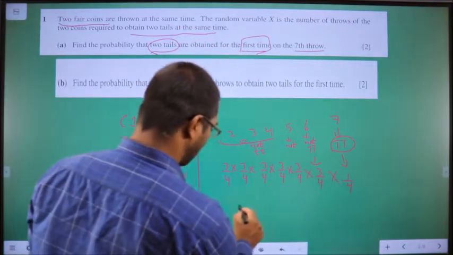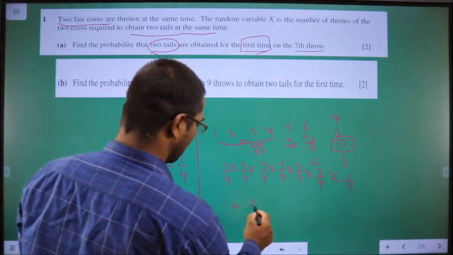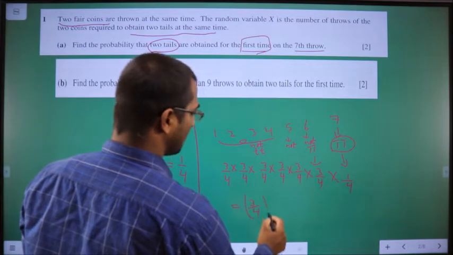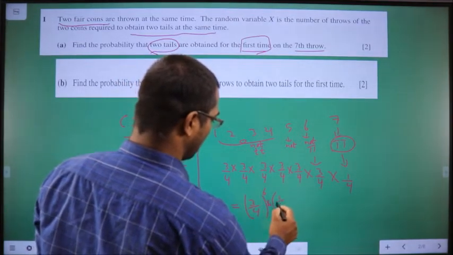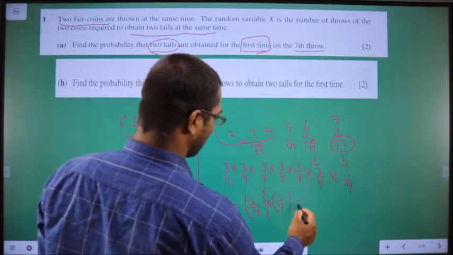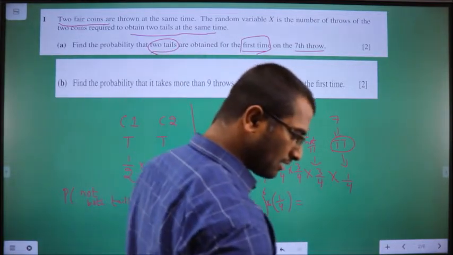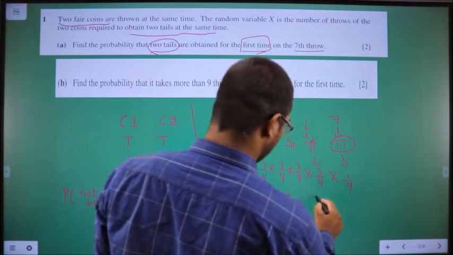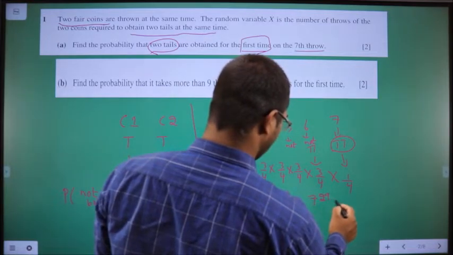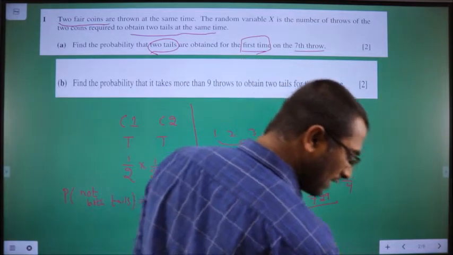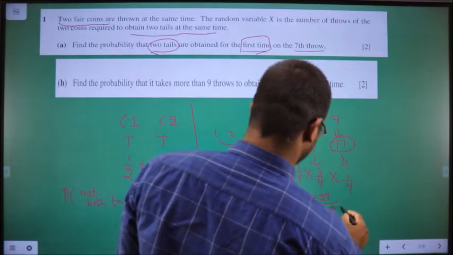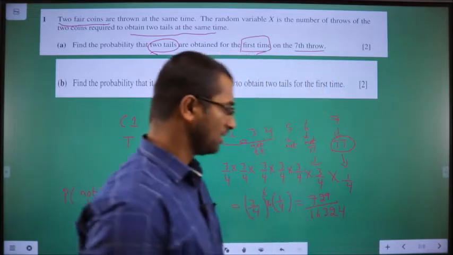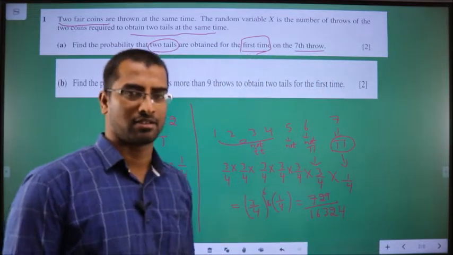So that is nothing but 3 by 4 power 6 into 1 by 4. Put it in the calculator. You get 729 by 16384.